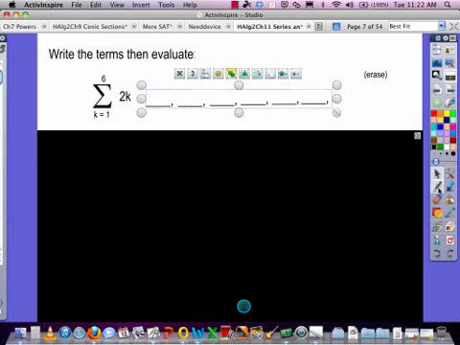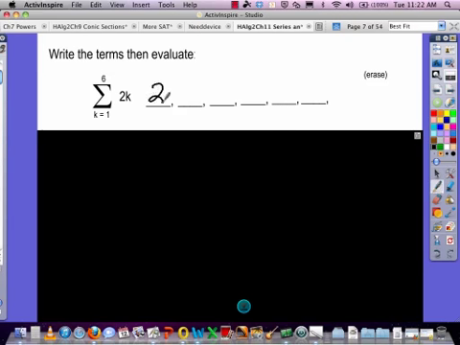When k is 2, 2 times 2 is 4. When k is 3, 2 times 3 is 6. When k is 4, 2 times 4 is 8. When k is 5, and when k is 6. And so there are your terms. Now you're saying, well, what is that? It says write the terms, and I think we got them.